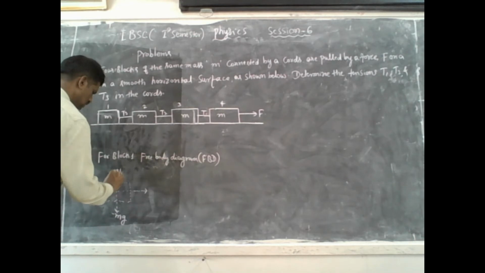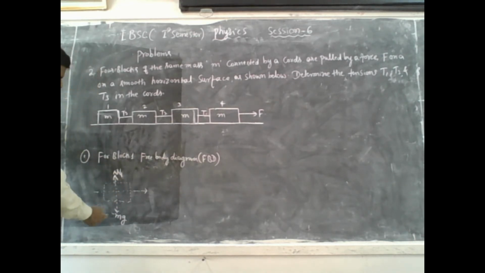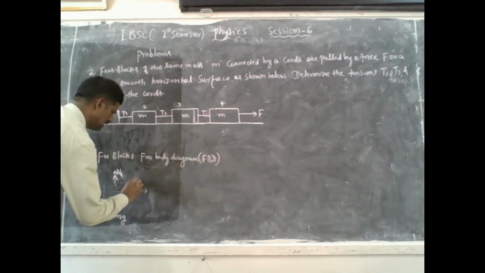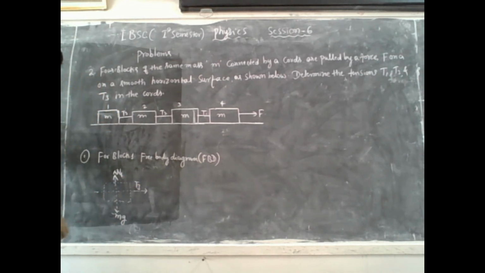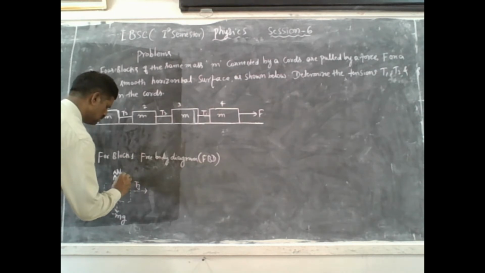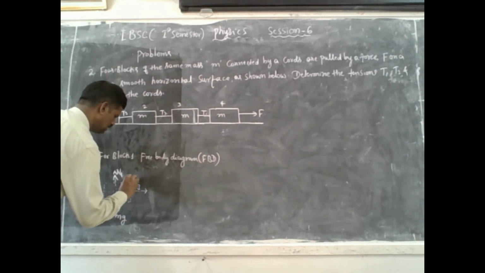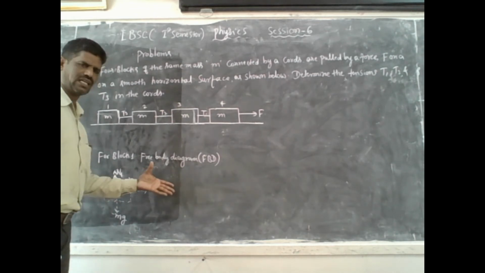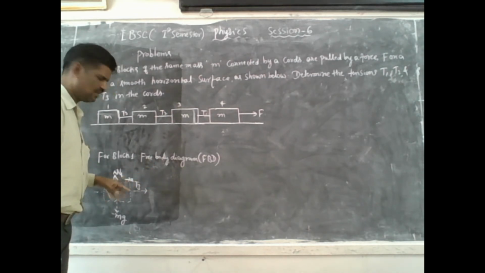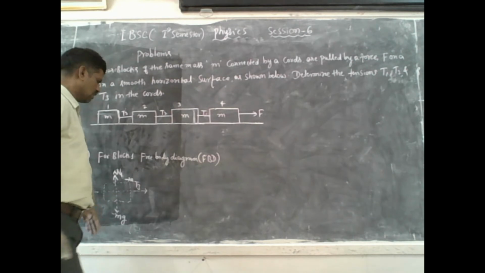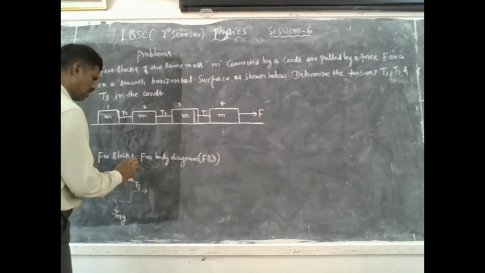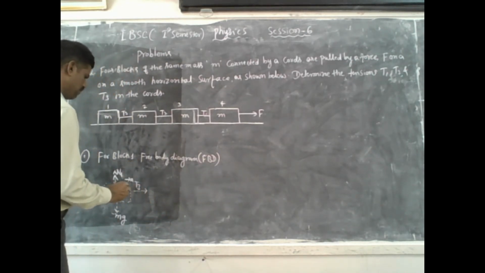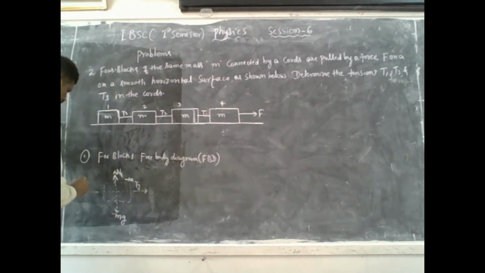So this is the reaction and this is the action. And T3 is the tension, and here a is the motion. Motion of the block is along the x-axis, you have to consider a. So this is the FBD for block 1.